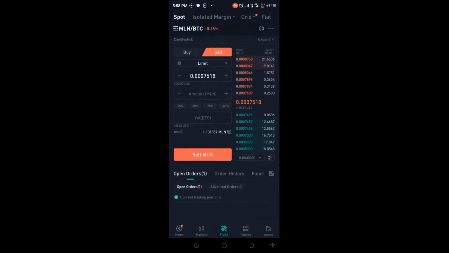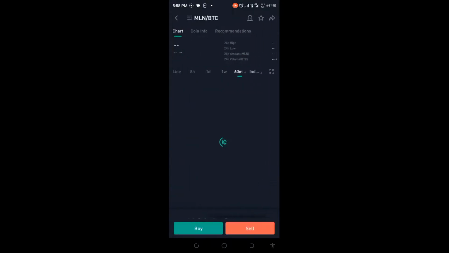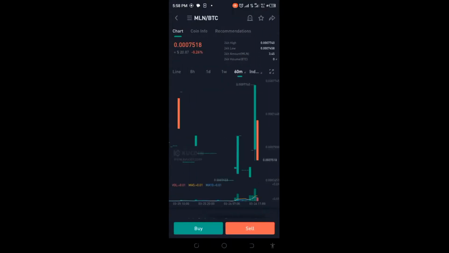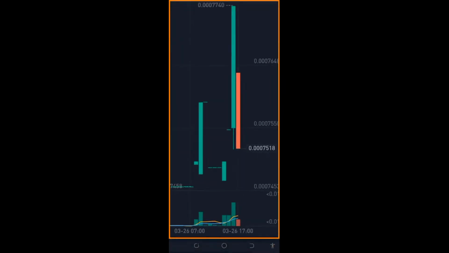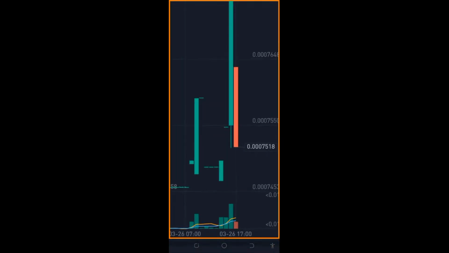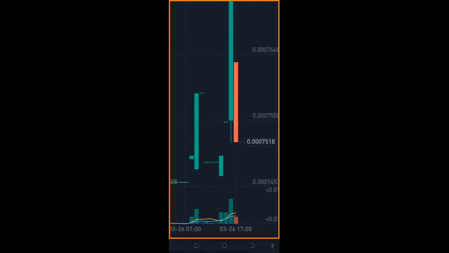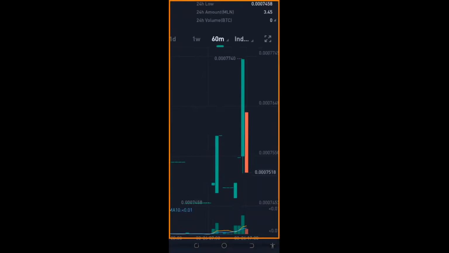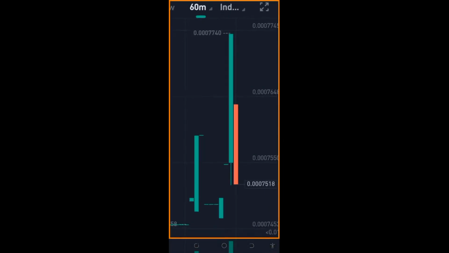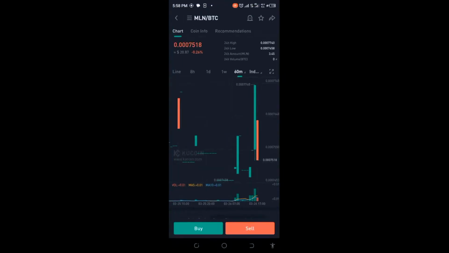Can you see that MLN BTC has gone down? It was 774. Wow. Are we going to have to do a spot trading here? Because right now it was 774. Wow, and just within how many minutes it went down?